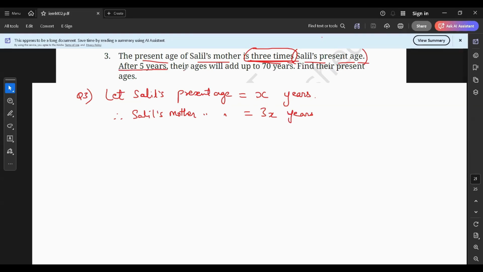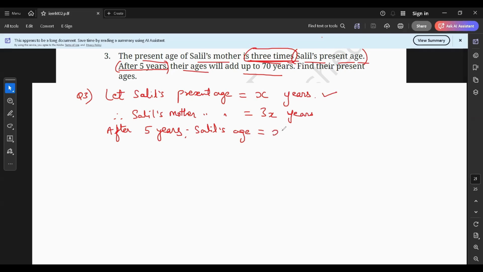After 5 years, their ages will add up to 70. So first of all, let us see after 5 years. After 5 years, we will take Salil's age. Because it is after 5 years, Salil was x years initially. Salil's age was x.